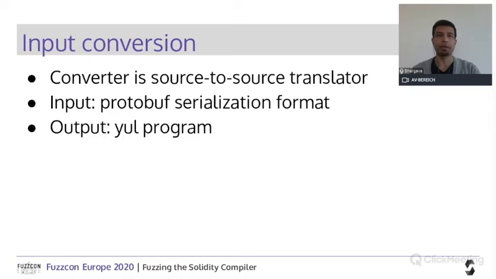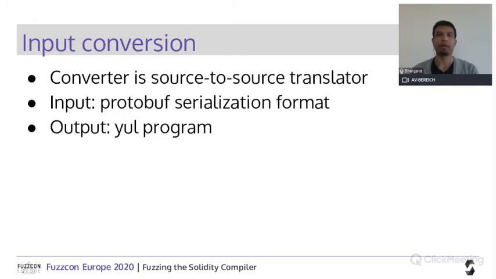But you can already notice that this input is unlike Solidity source code or, specifically, Yul source code. So what we need, step 2, is to convert the input that's generated by libprotobuf mutator into something meaningful. In other words, a Yul program.